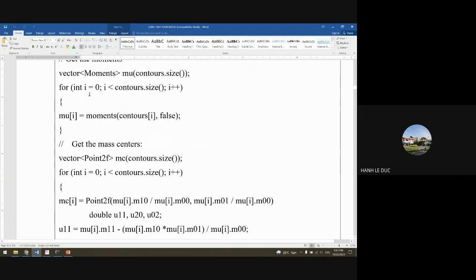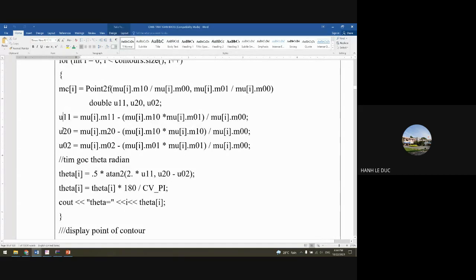And then you apply the moments function here to calculate the moments of the image. This one is the function, cv moments. And after this step, you will have all the parameters here. You just point, and then you get the parameter out. And from here, you calculate mu11, mu20, and mu02 here.